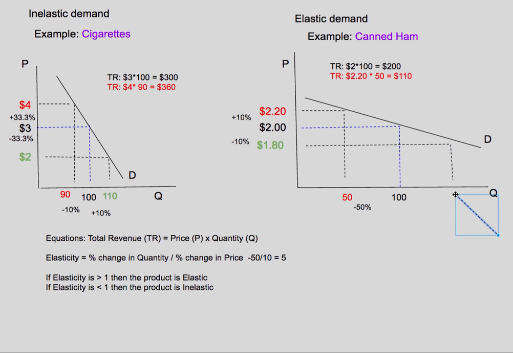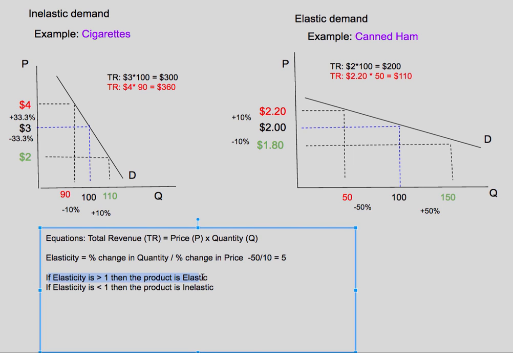And you'll notice that we will go up by 50. And again, the increase will be an increase of 50% from the original amount of 100. And you have the same calculation again. So it'll be an increase of 50% from a decrease of 10% in price. And so again, this will be an elastic product because the calculation is greater than 1. In this case, it is 5.